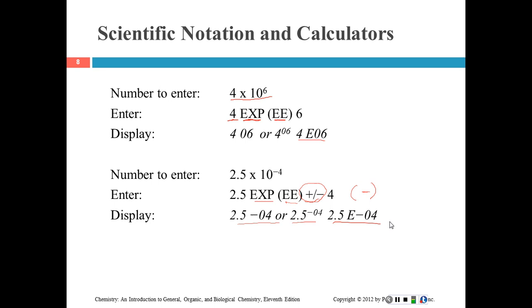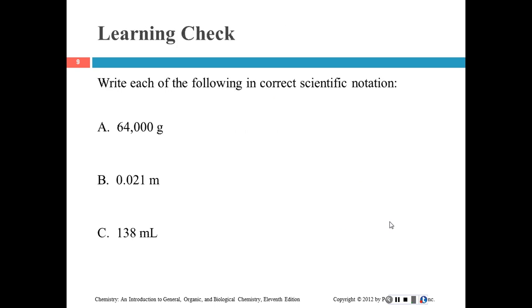That is exactly what it's supposed to look like, so don't worry. All right, so let's do some of these. Let's write some of these in scientific notation. So you try to do these, just pause this and see if you can do them, and then come back and I'll work them for you.